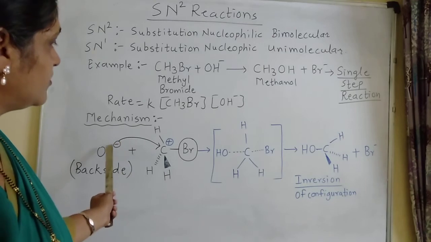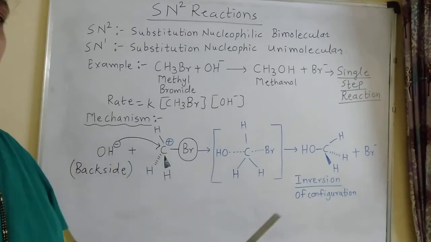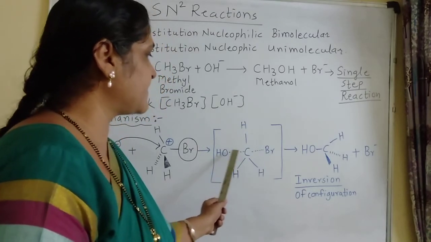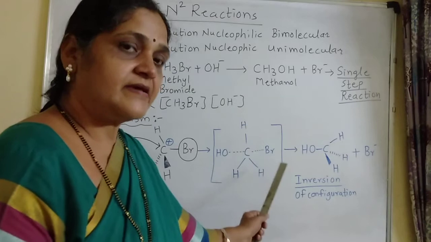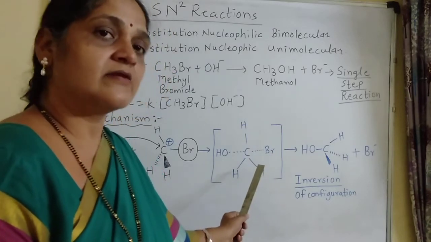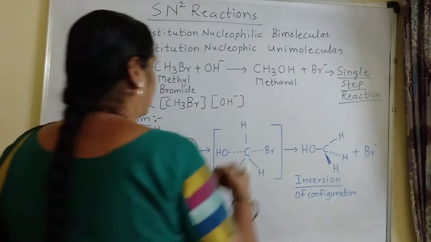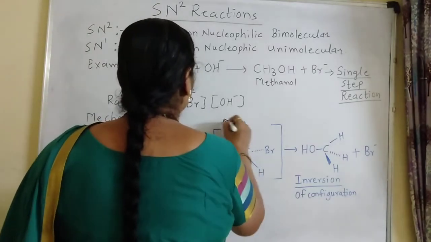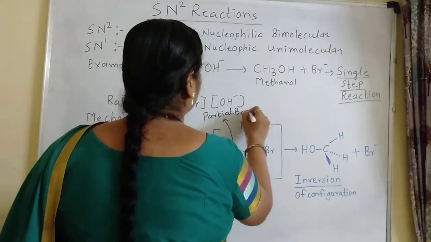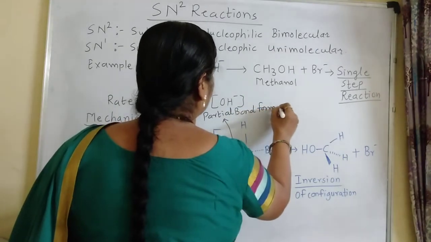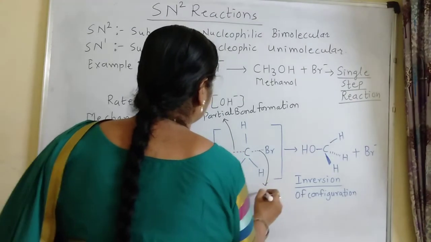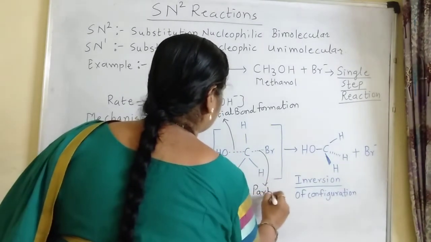Now when the nucleophile attacks from the backside, there will be partial bond formation between the OH minus ion and carbon, and at the same time partial bond breaking between the Br and carbon. So here you will find that there is partial bond formation and this is partial bond breaking.